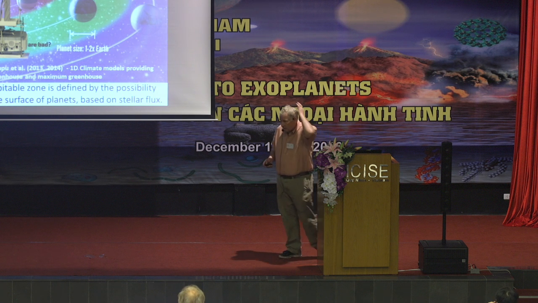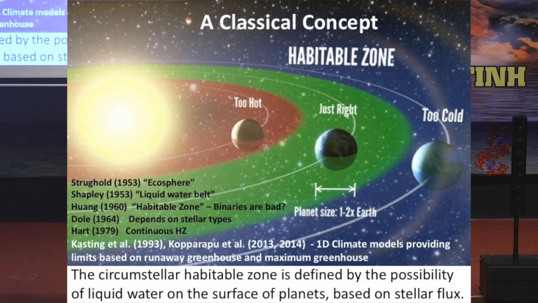So first of all, we can look at the circumstellar habitable zone concept, and this, as Manuel spoke the other day, is really a classical concept, because just being in the so-called habitable zone around a star does not make a planet habitable, because very often there are other effects.